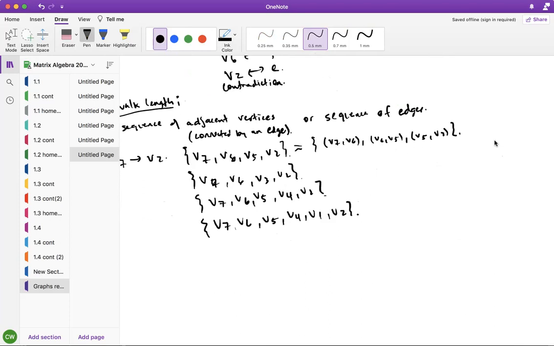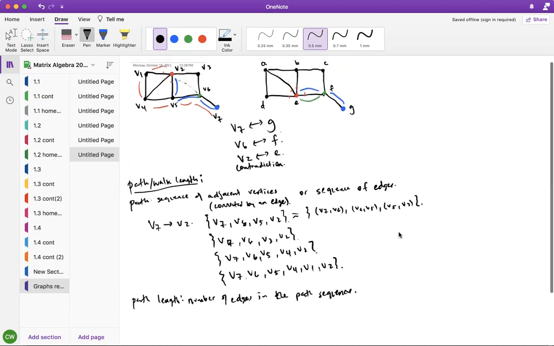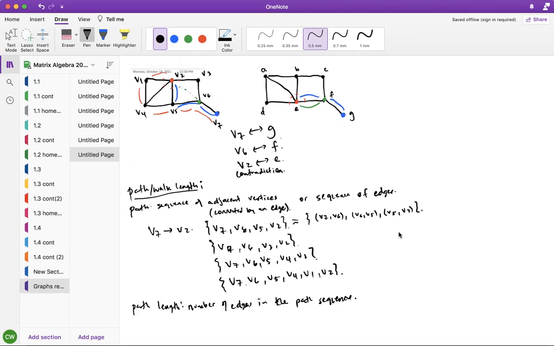Why is this nice? When you talk about path length, it's the number of edges in the path sequence. All right, so that's path length.